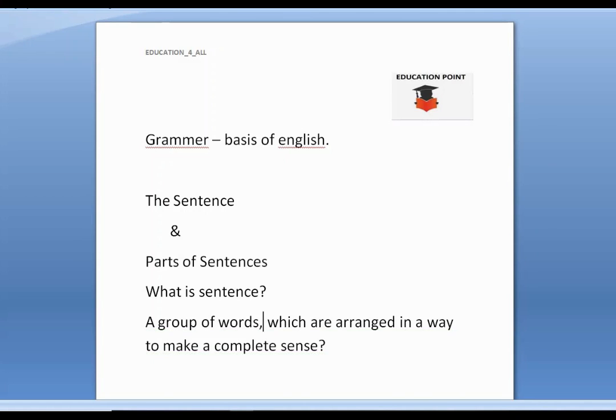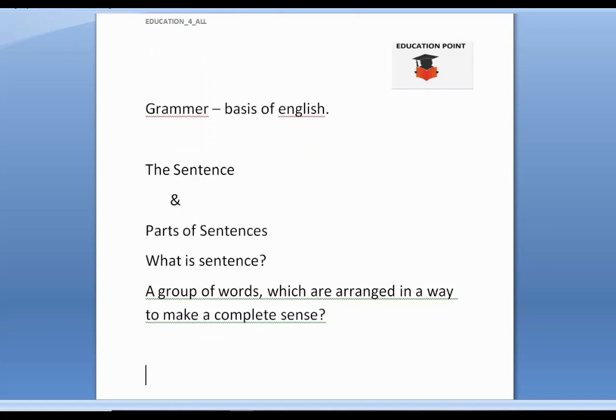When English words are arranged in a way that they make complete sense to the other person, then we can say it is a correct sentence.